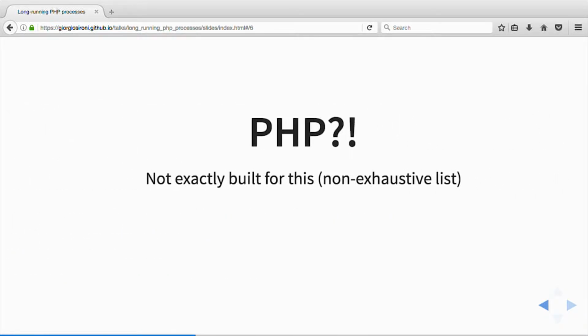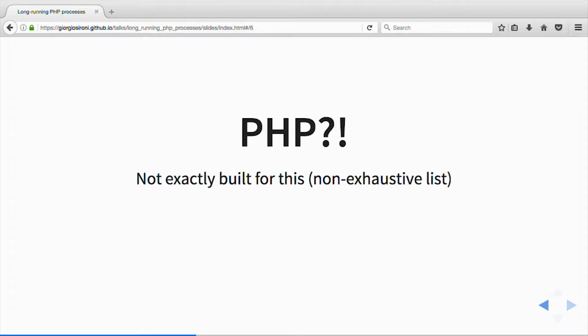So this is something for which you may not necessarily want to use PHP. It's not exactly built for this kind of essentially small daemons. In fact, the multi-process model that PHP uses for parallelism is not very efficient, because in every new process that you spin up, you will have a full copy of all your global data, of all the memory that is allocated by the PHP interpreter.